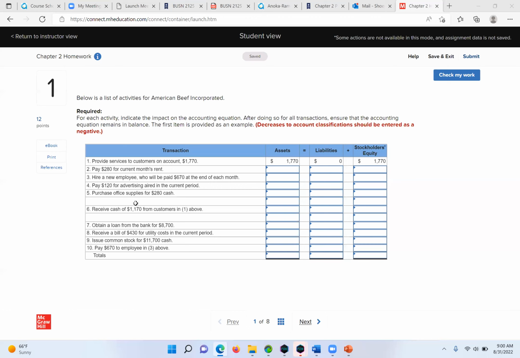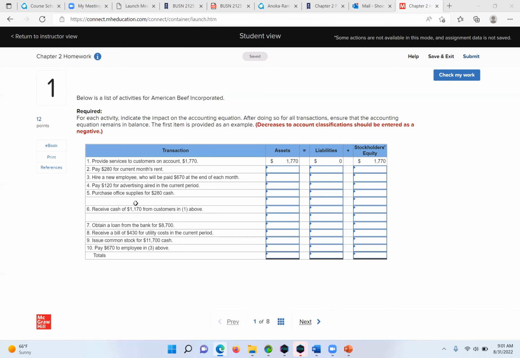Right. Okay. Now, when we pay a current month's rent, it's a cost of doing business. What is the title for a cost to make revenue? Isn't it called an expense? Yeah. So an expense is a cost of providing revenue.